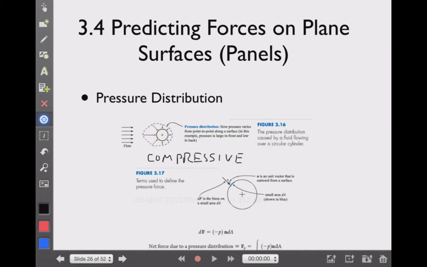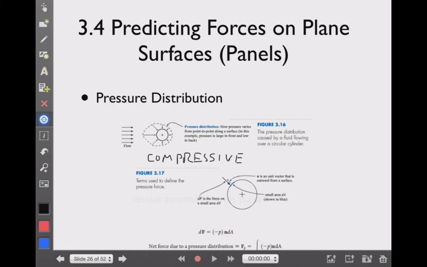And if we look at that in more detail, if we just look at one little small differential area on that cylinder, we see that the normal to that surface is vertical here, this unit vector here, but that the force being enacted by the pressure onto the object is in the opposite direction. Therefore, you get a minus sign in this equation. So a differential force element here, dF, is going to be equal to minus the pressure times the unit vector, which just has a magnitude of 1, dA.